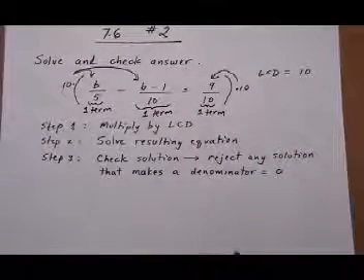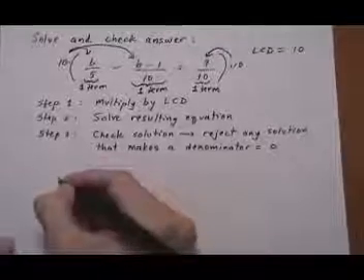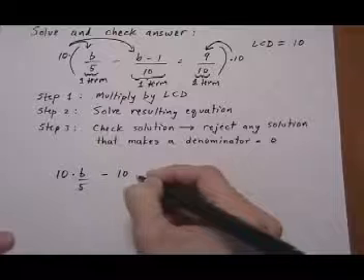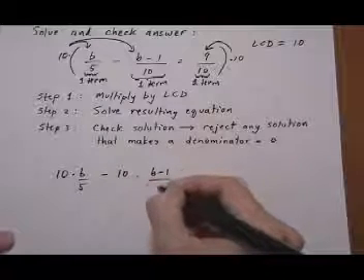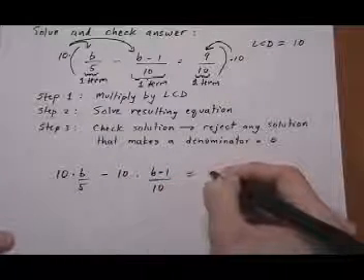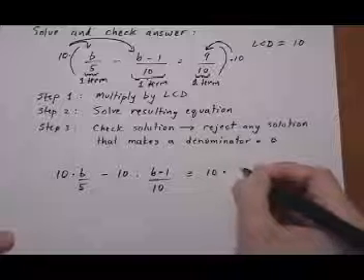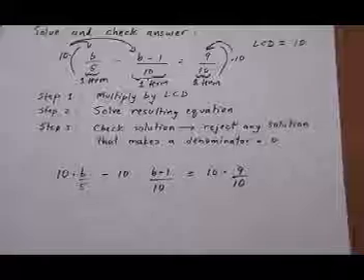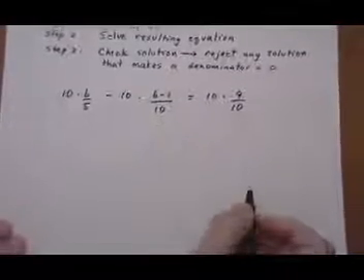All right, so each term gets it once. So that gives us 10 times b over 5 minus 10 times b minus 1 over 10 equals 10 times 9 over 10. So give the LCD to everybody, to each term.